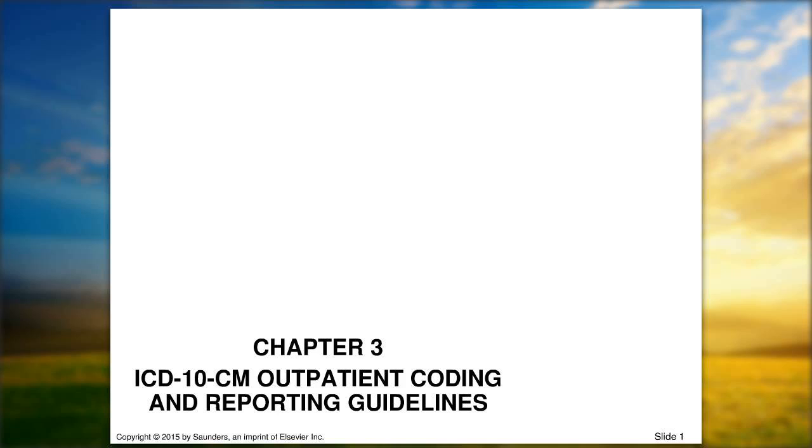You will see down the page, Section 4, Diagnostic Coding and Reporting Guidelines for Outpatient Services. All the information that I will be presenting on this chapter will be found in this section of the guidelines as well as the information in your textbook. So any notes that you make in your textbook, you may want to transfer over to your ICD-10 guidelines.